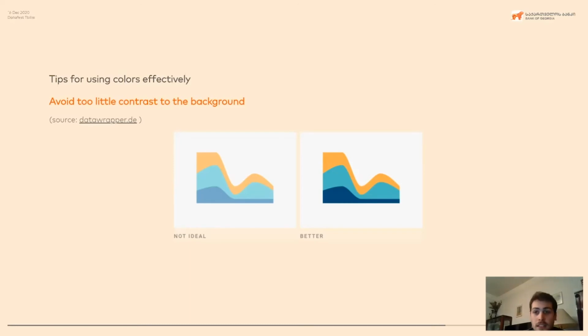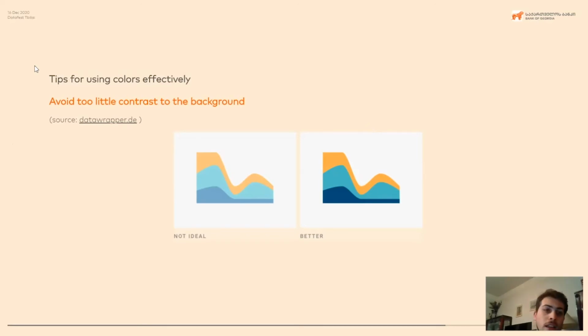But even if legibility is not an issue, for example with bigger areas, your visualization should have enough visual contrast to the background to confidently communicate that, hey, I'm here and I have something to say to you. And here you see an example. The right one is clearly better than the left one because it has more contrast in it.